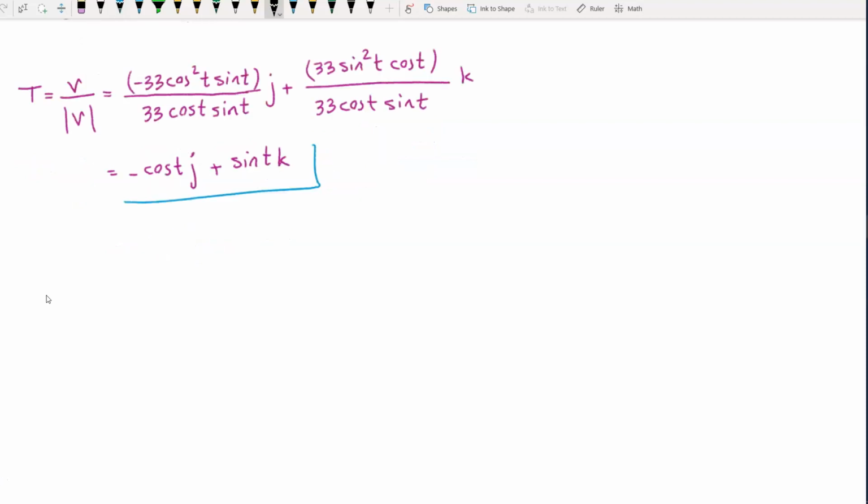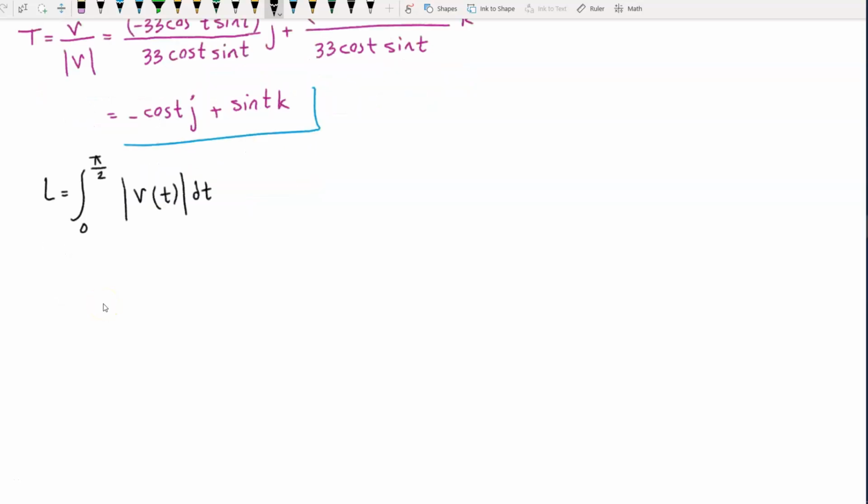And now find the length of the smooth curve defined by r of t. So here we have L equal to the integral from 0 to pi over 2 of the length of the velocity vector v of t times dt.